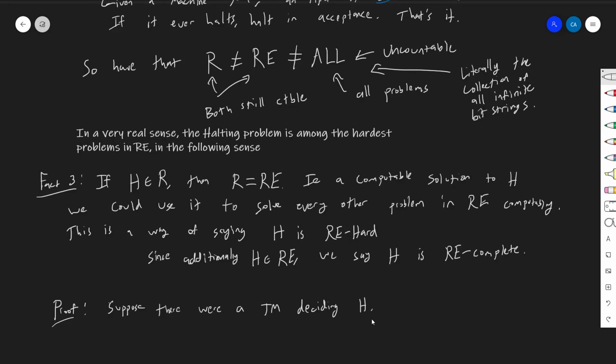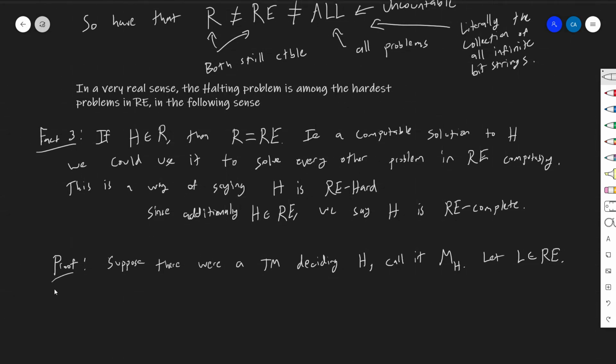Suppose there were a Turing machine deciding H. Call it M sub H. Let L be any problem in RE. So L is just some problem that is recursively enumerable. Let M sub L be the machine accepting L.